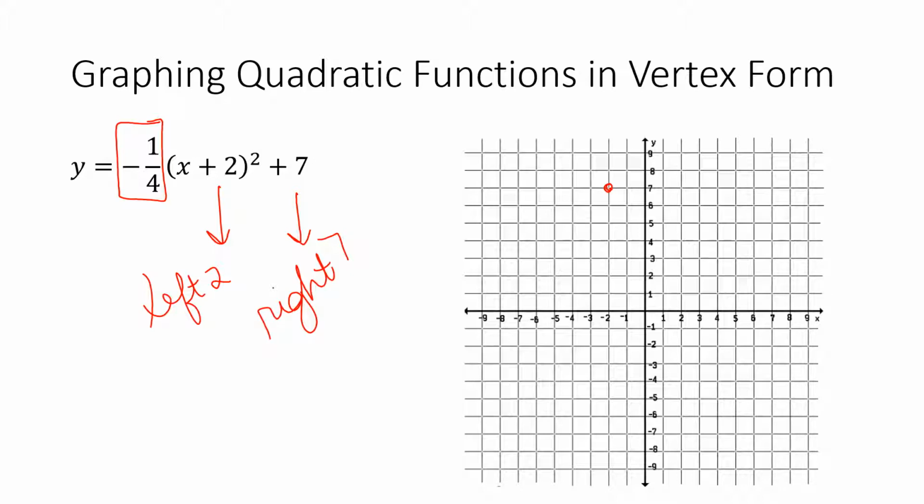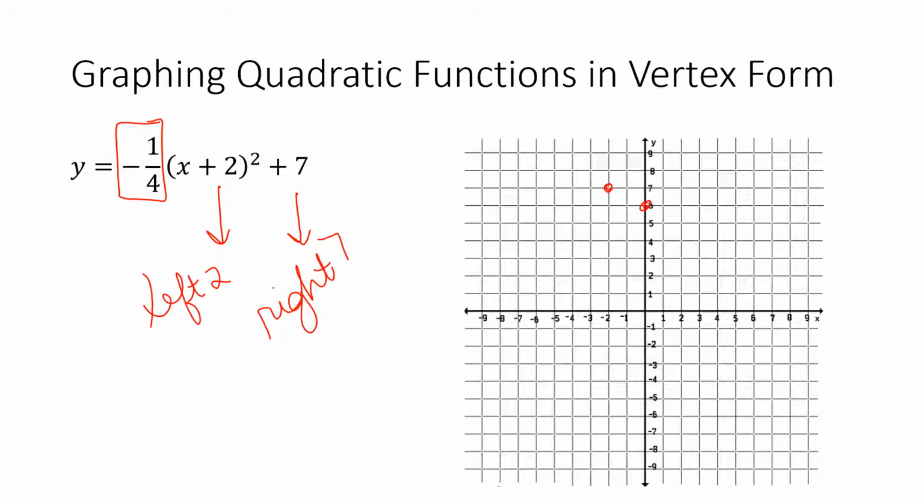So let's think about this. Over 1, up 1. If I divide by 4, I get a decimal. Let's skip that one and go to the next one. After that, we would go over 2, up 4. If you divide by 4, you would get over 2, up 1. We have a negative though, so I'm going to go over 2, down 1.